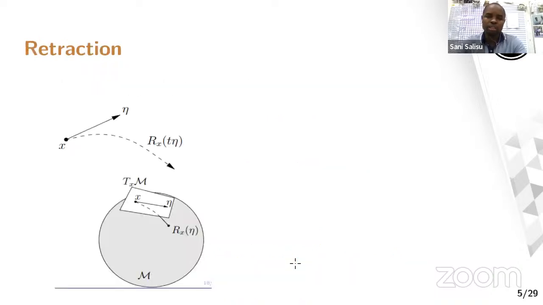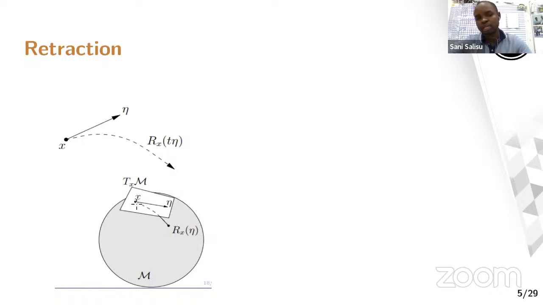That helps in obtaining the minimization algorithm or optimization algorithm in general. A very important tool for that is what is termed retraction. A retraction is nothing but a map, taking an element from the tangent space and getting it back to the manifold.